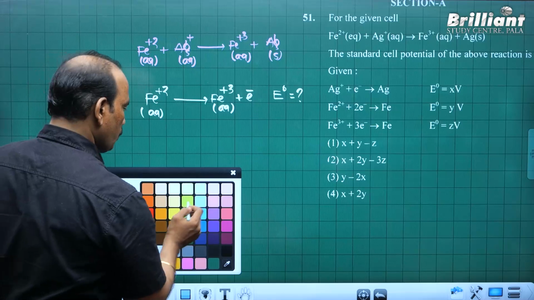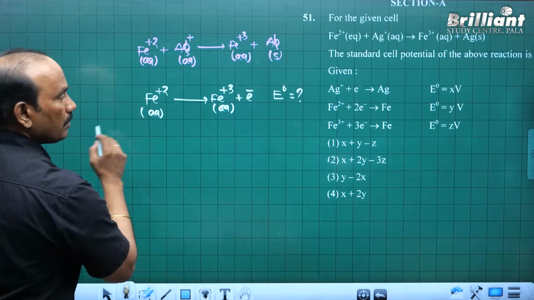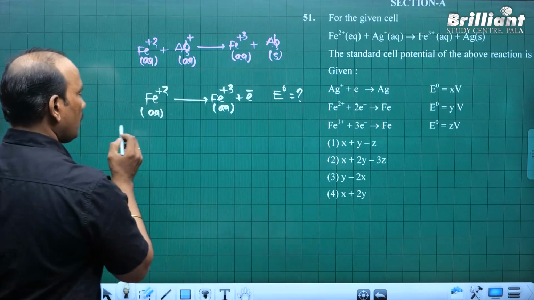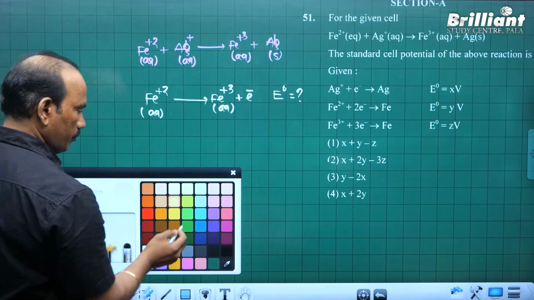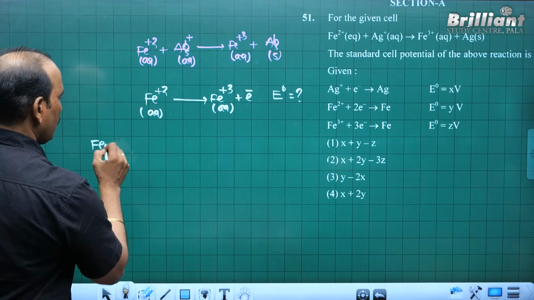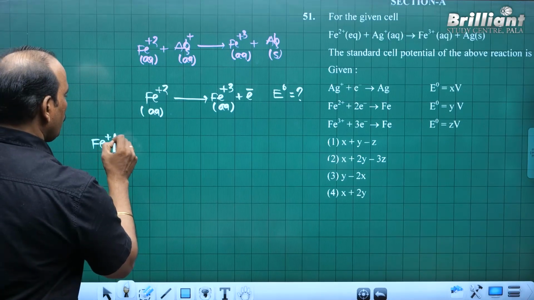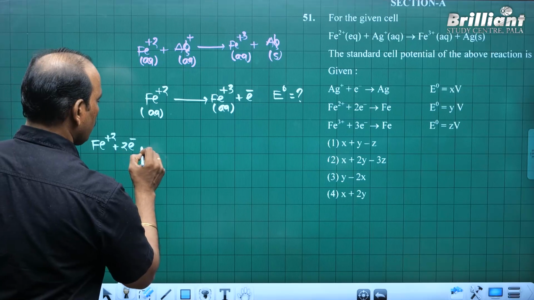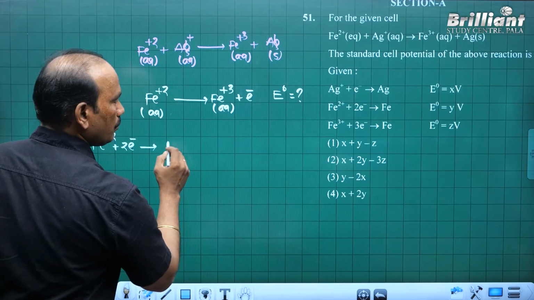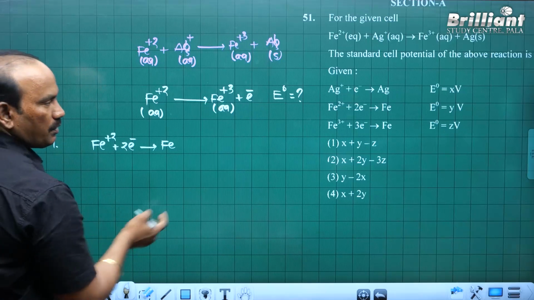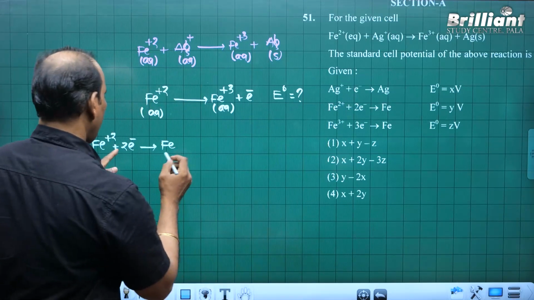So for this one, from the equation, this is 1. I am taking the equation Fe2+ plus 2 electrons gives rise to Fe. This I am taking as 1.